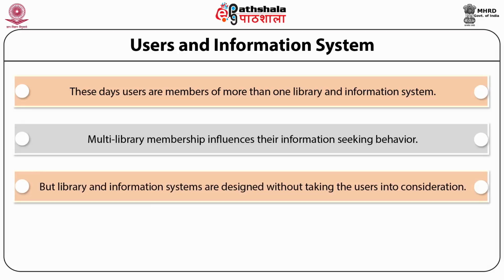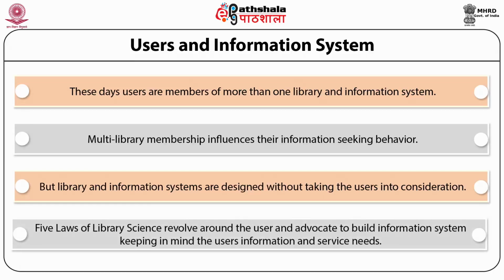Although users are the central focus of libraries, yet it is experienced that sometimes, or maybe most of the times, users or user needs are not taken into consideration while designing library and information systems.